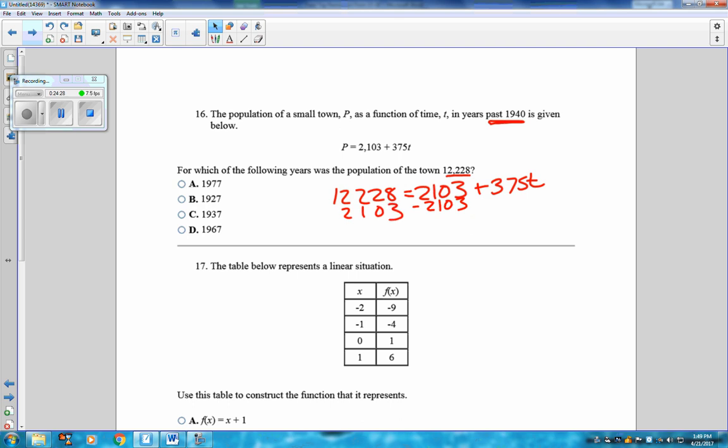So 12,228 minus 2,103 gives me 10,125 equal to 375 T. If I divide 10,125 by 375, I get T equals 27. This is 27 years past 1940. So I have to take 1940 and add 27 years to it, which gives me the year 1967.